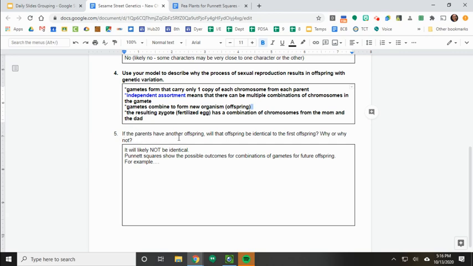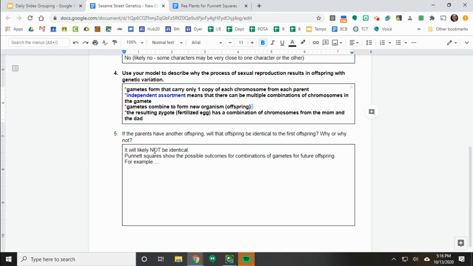So if the parents have another offspring, will that offspring be identical to the first offspring? Why or why not? So those other offspring are probably not going to be identical to the offspring that you created. So when we looked, for example, in class today at Zoe and Elmo, like I said early on in this conversation, when we looked at those two, people had different outcomes.